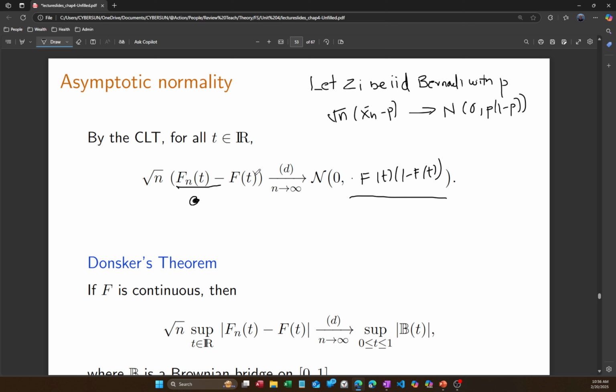Since this is the indicator, and p is the mean of a Bernoulli, F(t) is the mean of the indicator. So by analogy, F(t) times (1 minus F(t)) should be the variance of the normal distribution.